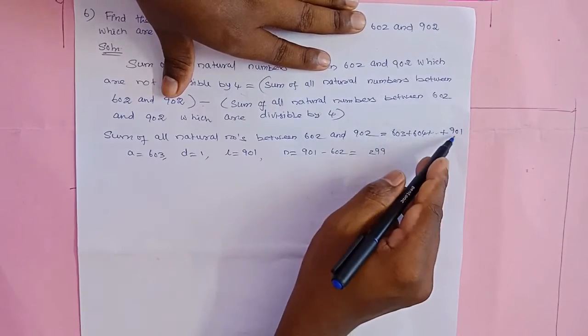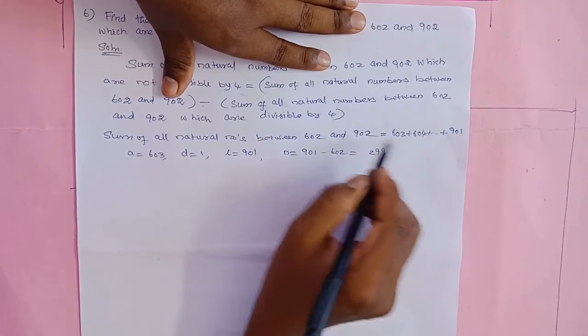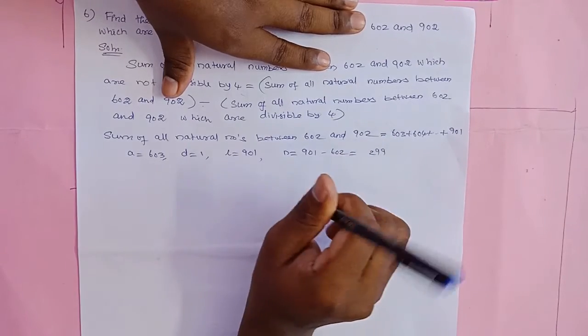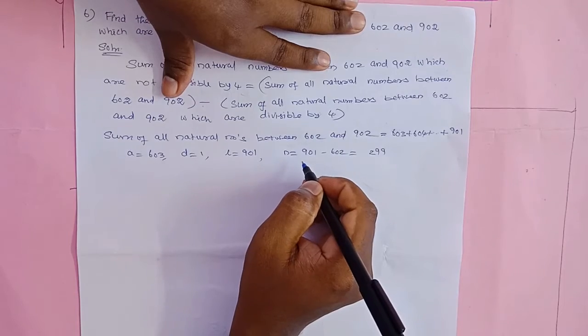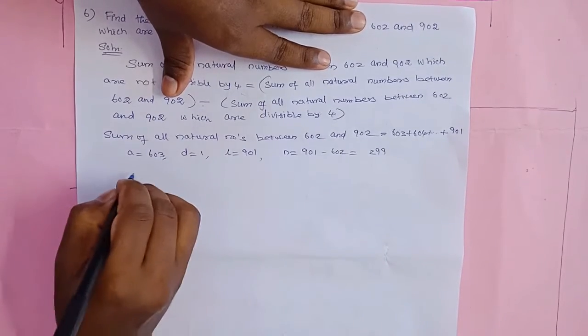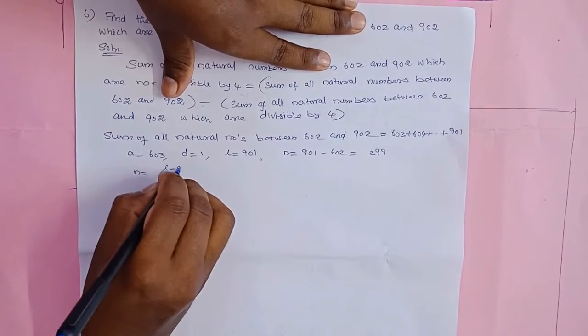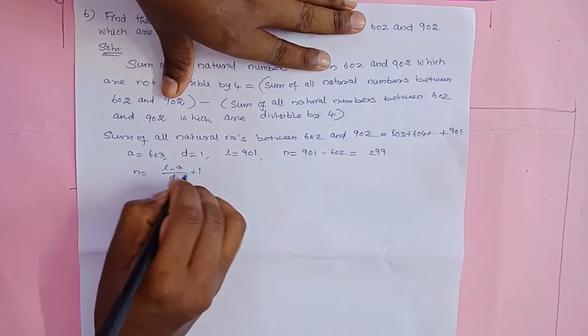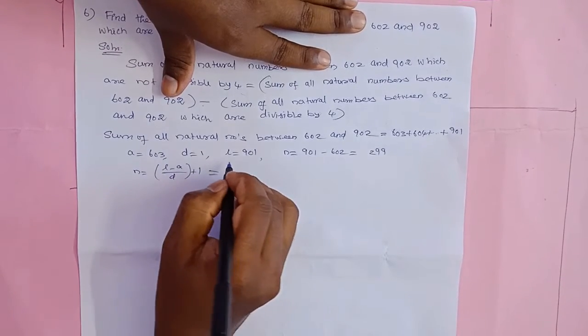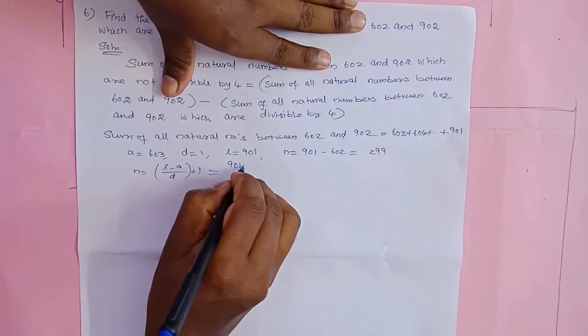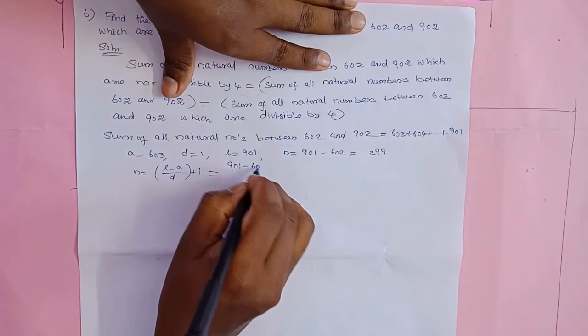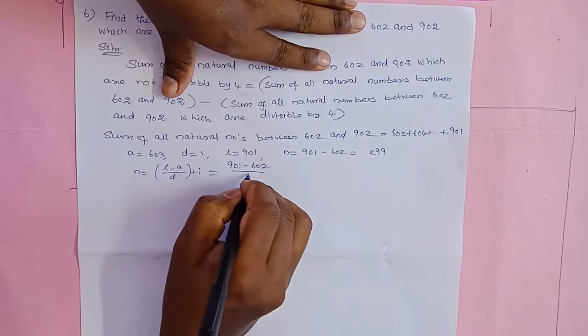Since these are natural numbers in sequence, you can find n by subtracting the number before this from 901. No sir, I will find it using the formula. The formula is n is equal to (L minus A) by D plus 1, where L is equal to 901 minus A is equal to 602 divided by D is equal to 1.